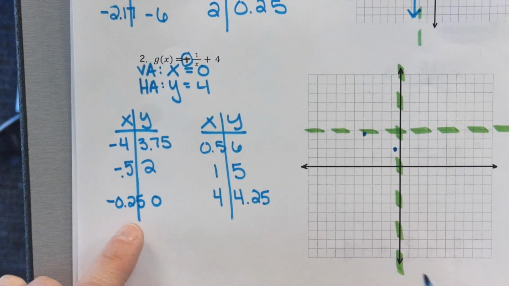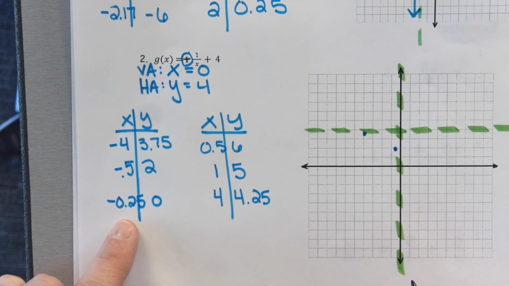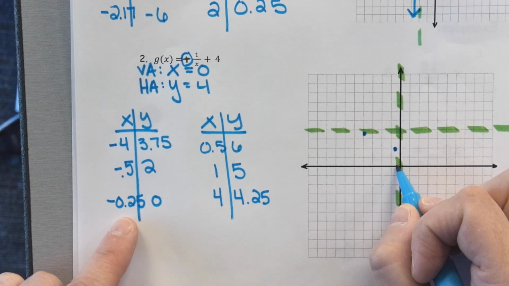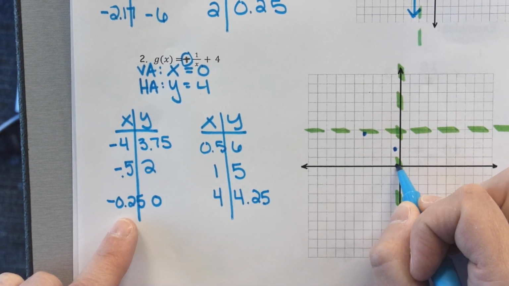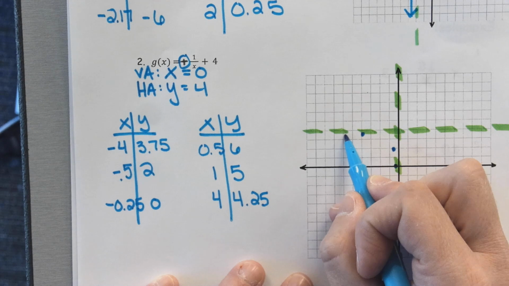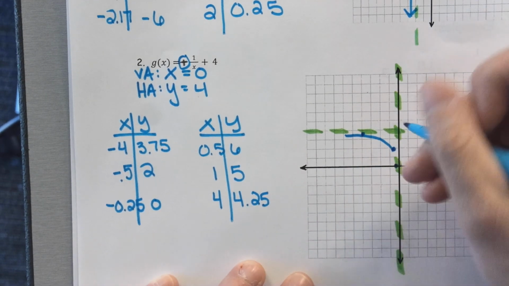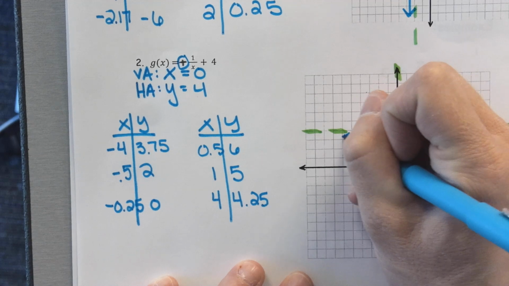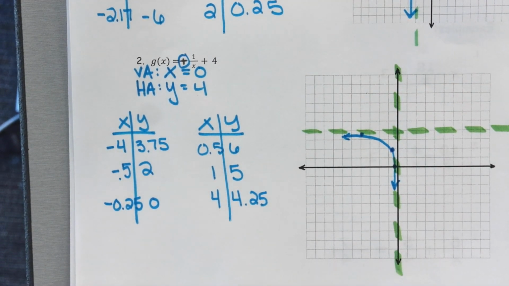So we're estimating where some of these are. And then I'm at -0.25 and 0. Again, we can look back at our graph to guide us and remember how it went. Kind of make it look similar to what we had there.